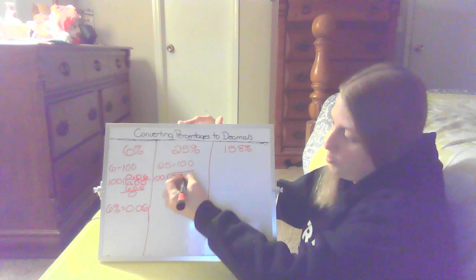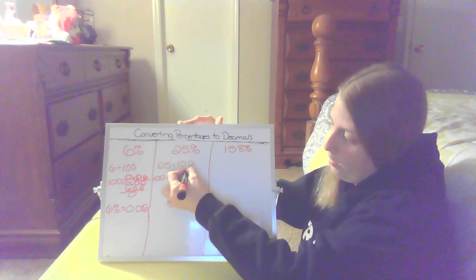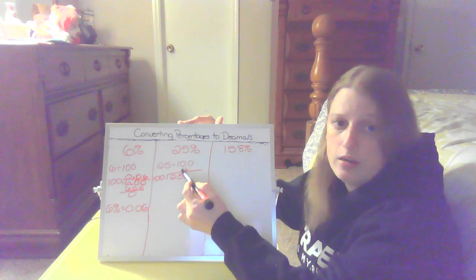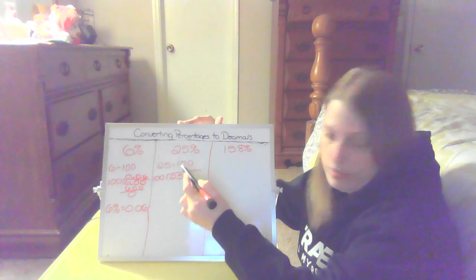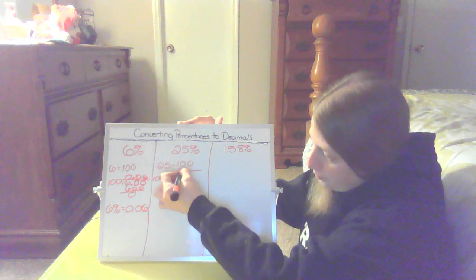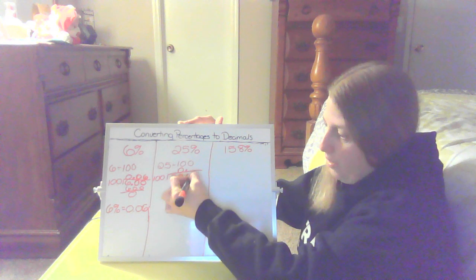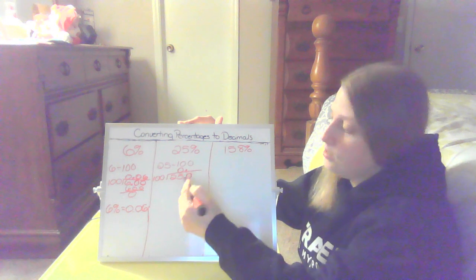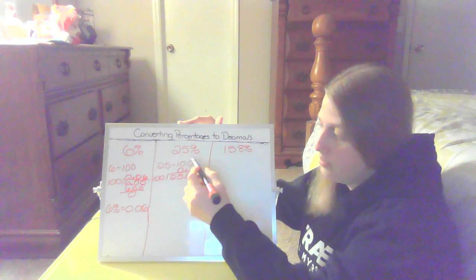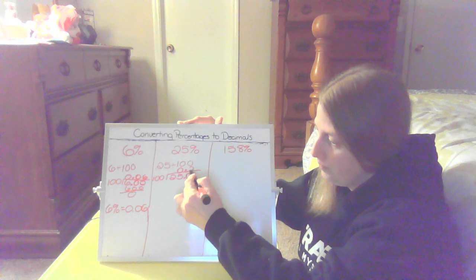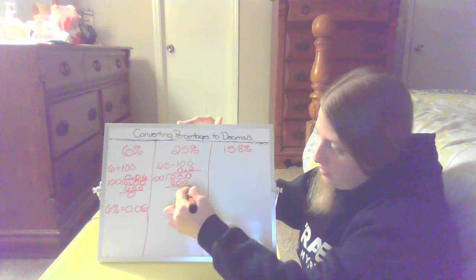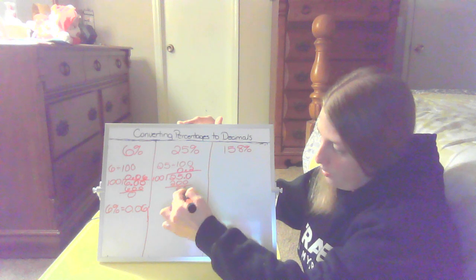So we're going to put our decimal point right there, and we're going to bring it up here. And we know that 100 cannot go into 25, so we're going to put a 0 there. And we're going to add a 0 behind the decimal here. And we know that 100 can go into 250 2 times, which gives us 200. And 250 minus 200 is 50, and we're going to carry down a 0.